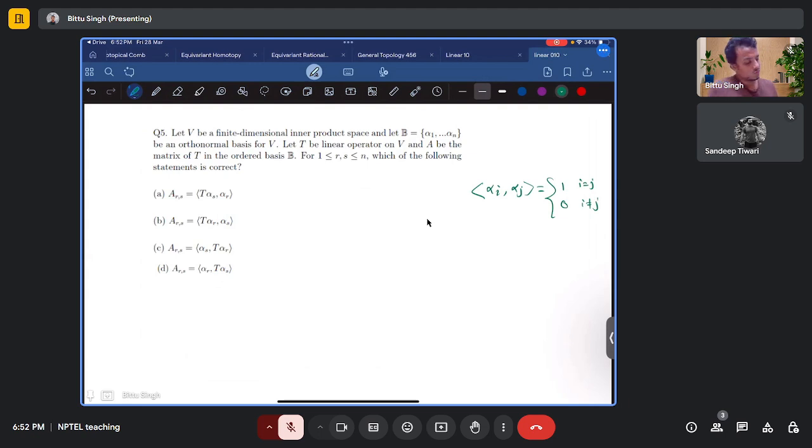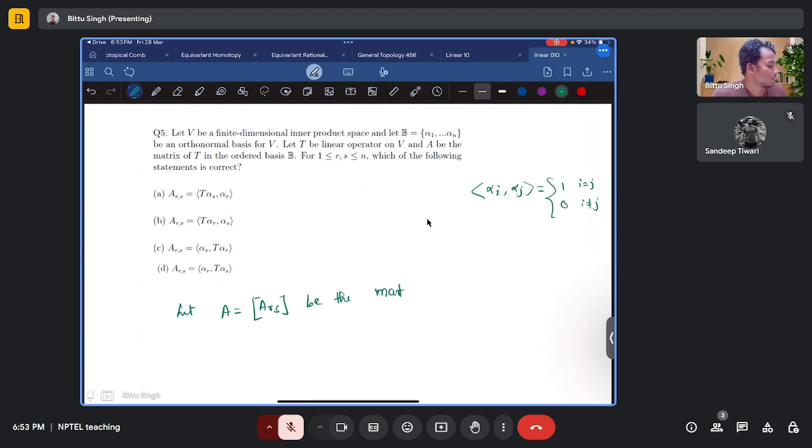Now let T be a linear operator on V and A be the matrix representation of T with respect to this basis. We need to see how we can write the matrix in terms of inner product. So let A, which is the same as A_rs, be the matrix representation.